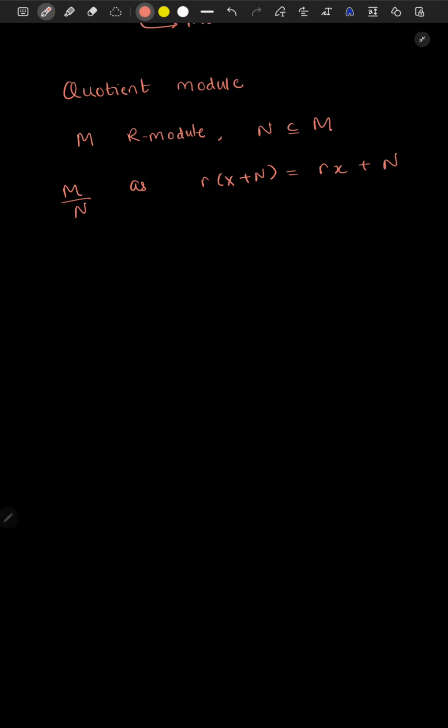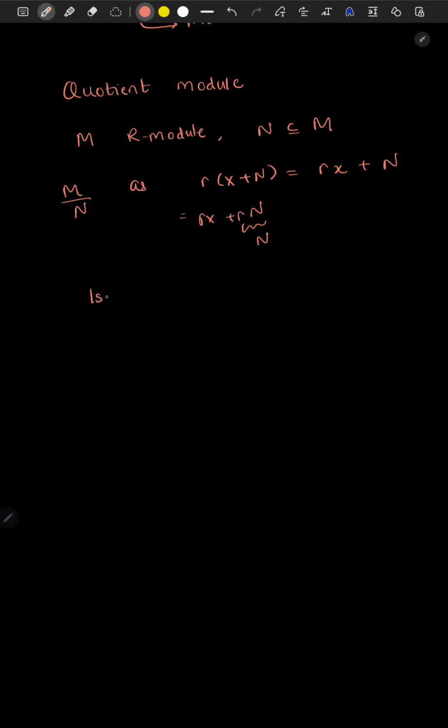It's because N itself is a module, so if I had expanded it, it would have been Rx plus Rn. This itself is in N, so this is independent of representation, and then you have a well-defined entity. So this is how we define the quotient module.